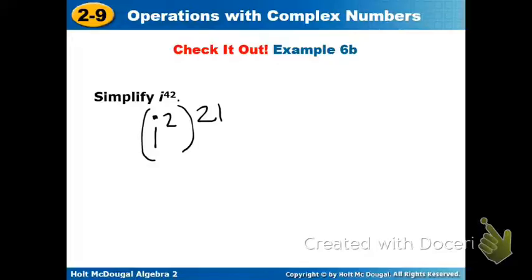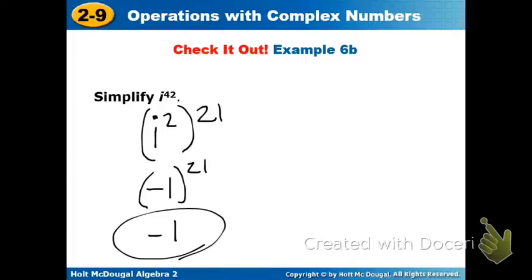So then what you have to do, i squared is negative 1. Negative 1 to the 21st power is going to be what? It's going to stay negative 1. So i to the 42nd is the same thing as negative 1.